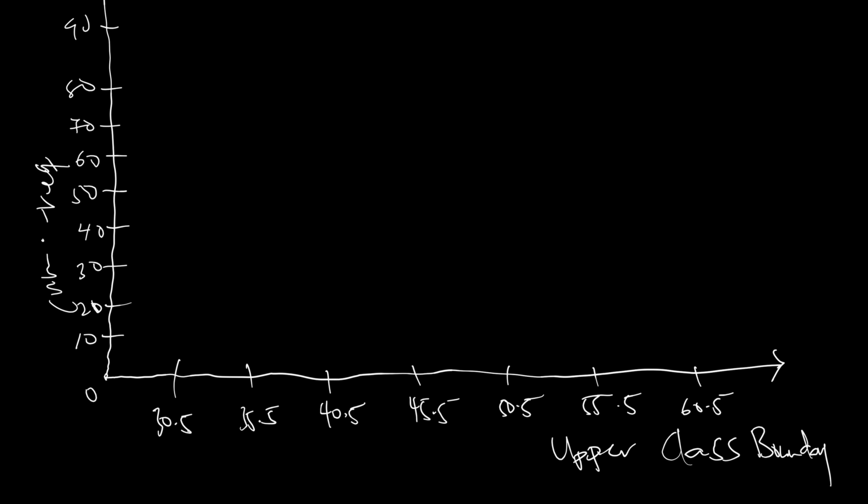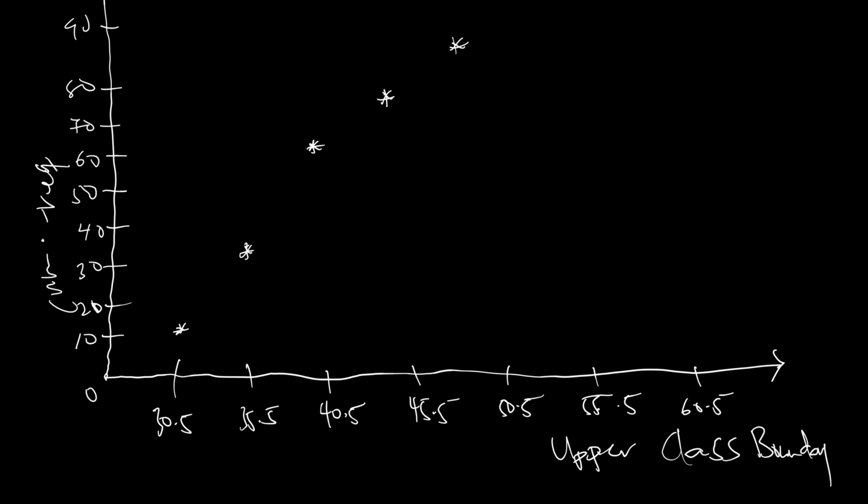When our upper class boundary is 30.5, our cumulative frequency is 11, so it should be somewhere here. At 35.5, we have 35. At 40.5, we have 64. At 45.5, we have 79. At 50.5, we have 89.